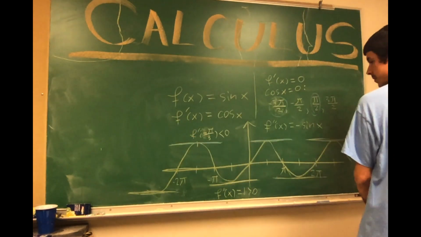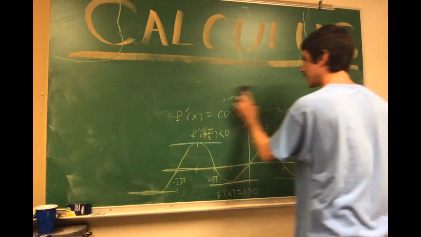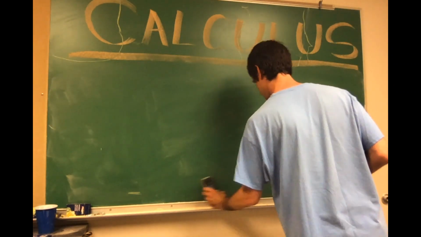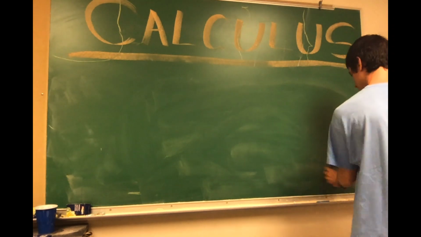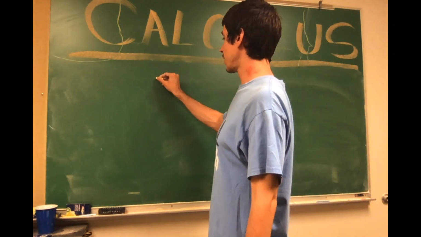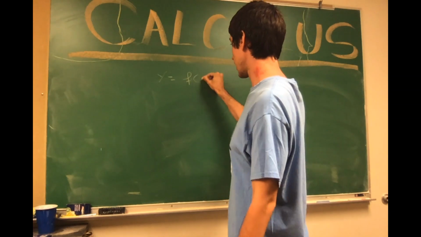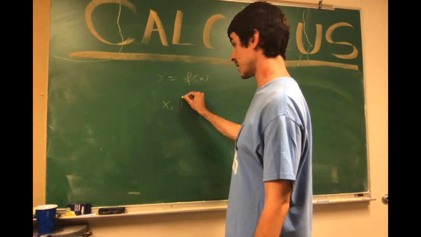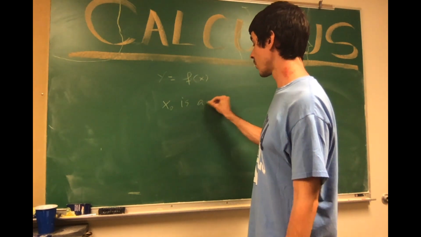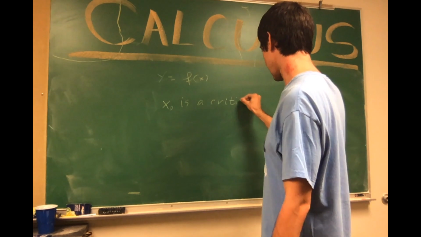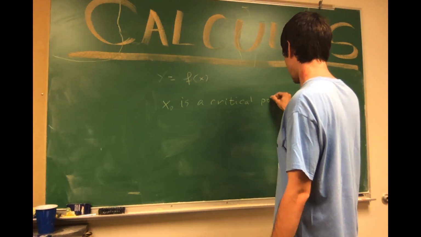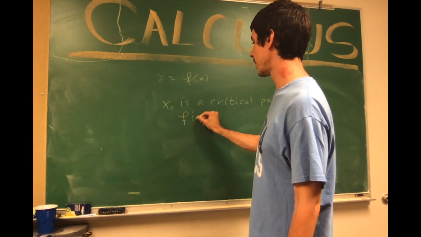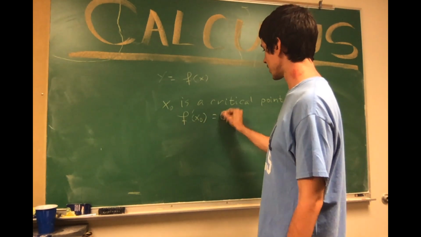So now, let me write some definitions here. Say we have a curve, y equals f of x. x0 is what we call a critical point if f prime of x0 equals 0.